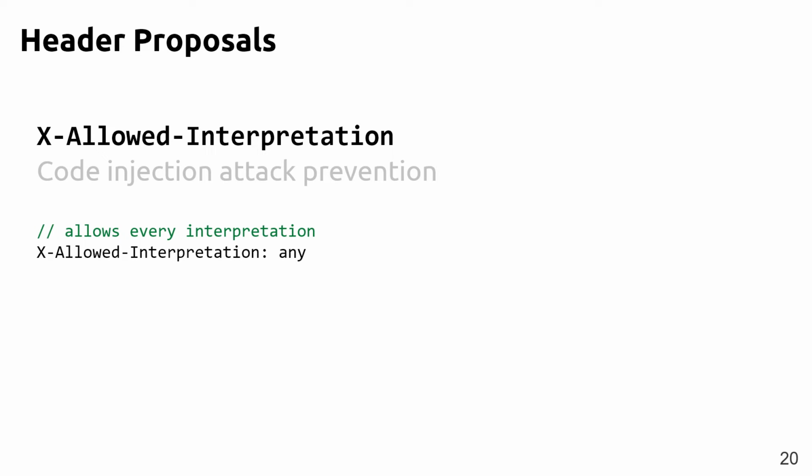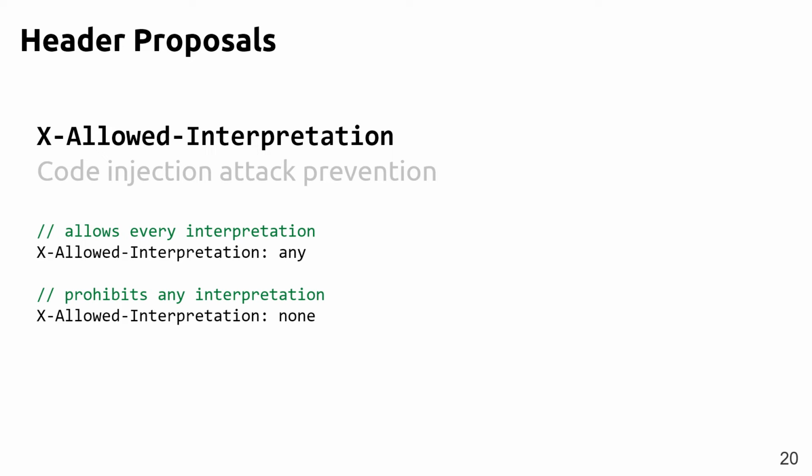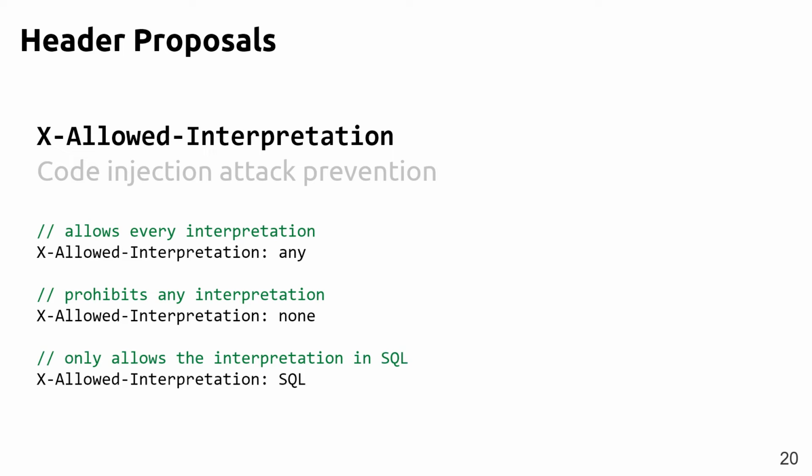The value any would not restrict any interpretation and the application would work as usual. The value none would prohibit any interpretation and effectively prevent further execution of code if the environment detects that such data ends up, for example, in a SQL query string. In the last example, the value SQL would allow the use of the received data in SQL query strings.